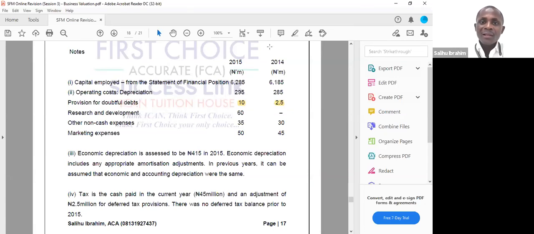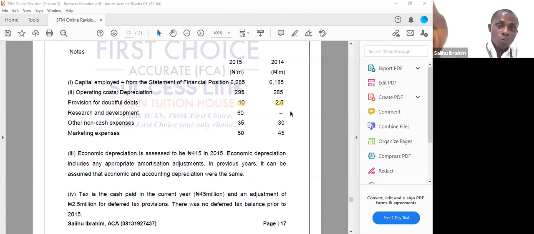So at the beginning, your provision is 12.5. Since provision is 12.5 at the beginning of 2015, it means provision is 12.5 at the end of 2014. Do you understand now?